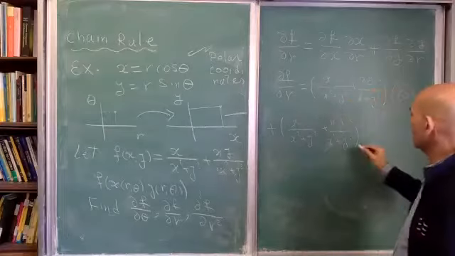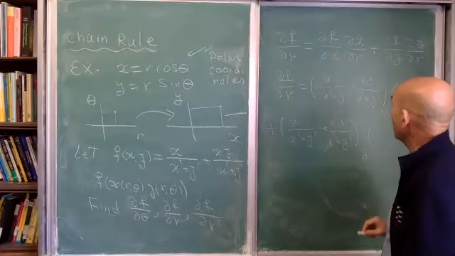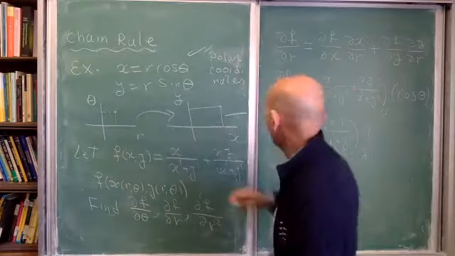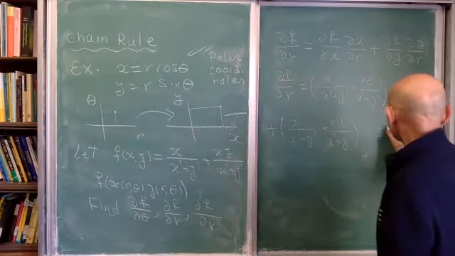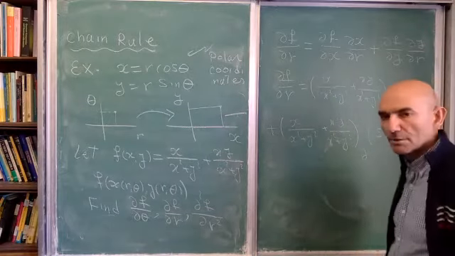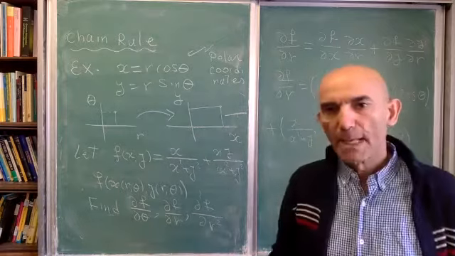We have to take the derivative of this guy with respect to y, times dy/dr. dy/dr is sine of theta. The sine of theta. All right?